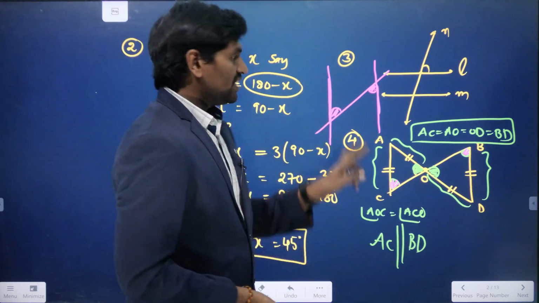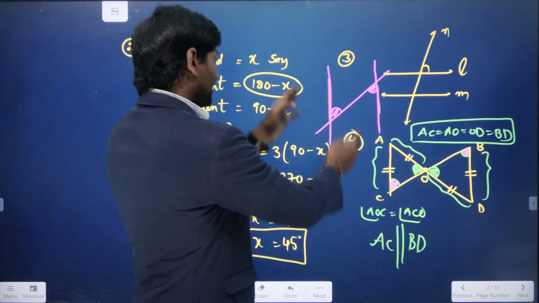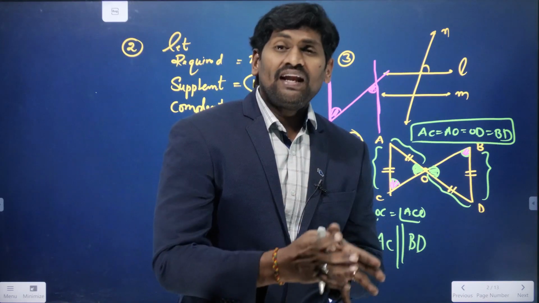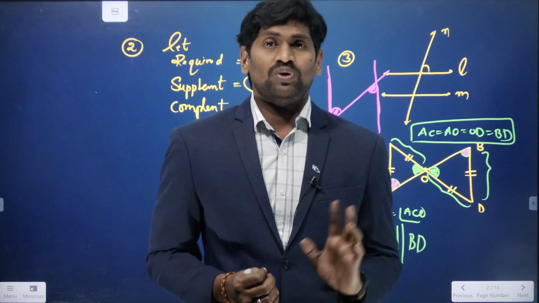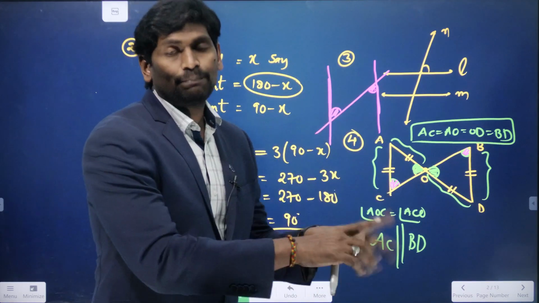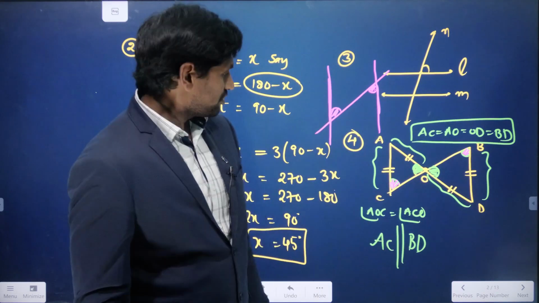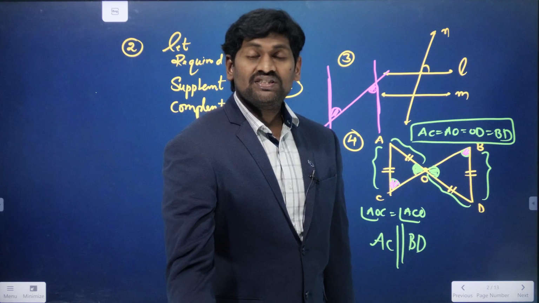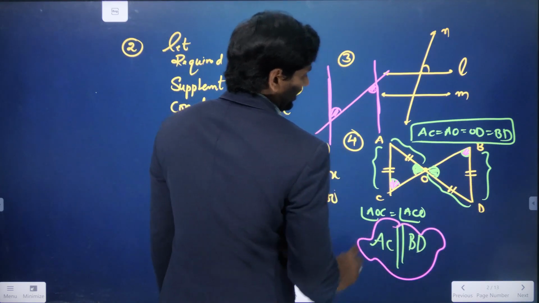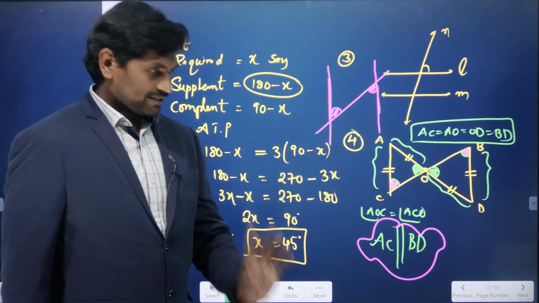If these two alternate angles are equal, we can consider that these two lines are parallel. Okay? That means for parallel lines, alternate angles are equal, and if alternate angles are equal, we can consider the given lines are parallel. Vice versa, both are true. So according to the given statements, our correct option is AC is parallel to BD. Okay, let us go to the next problem.